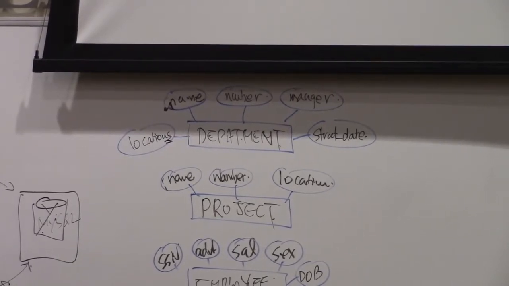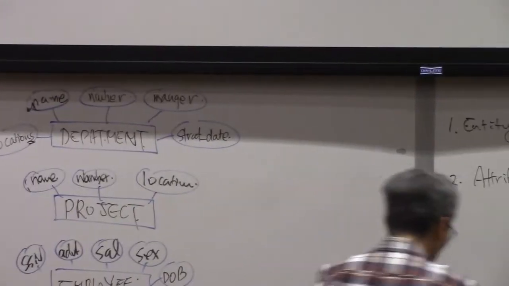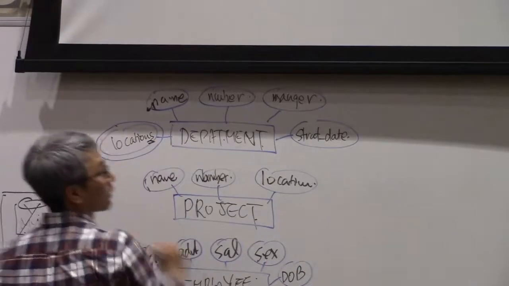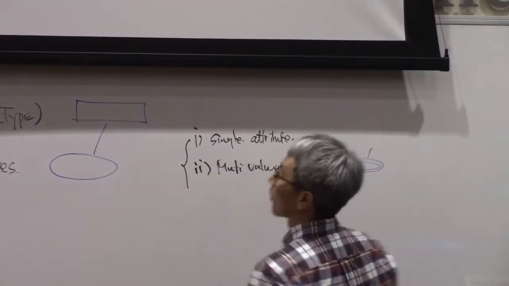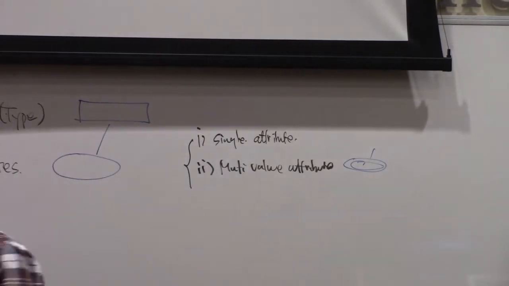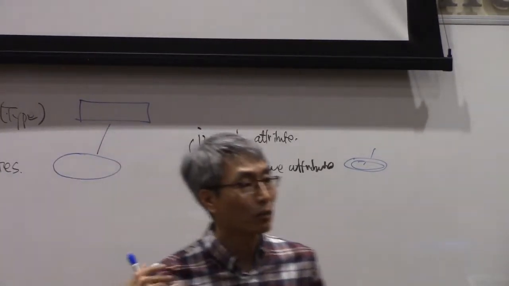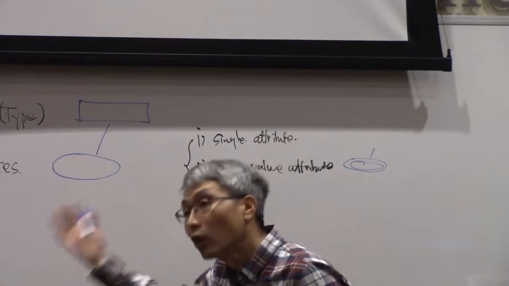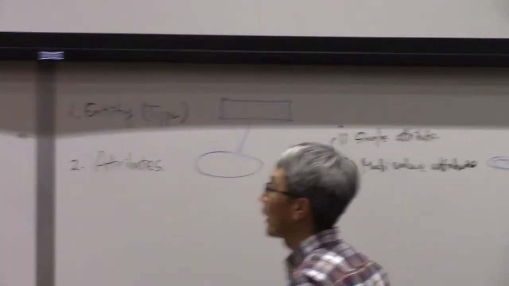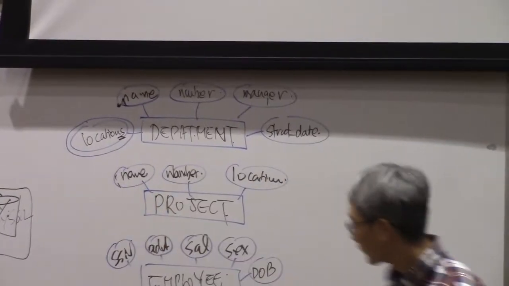Okay? And in the case of multi-valued, we are going to use a double oval like this. So multi-valued is a double oval. I'm not going to explain that right now, but we are going to identify the multi-valued ones. So multi-valued is important later.